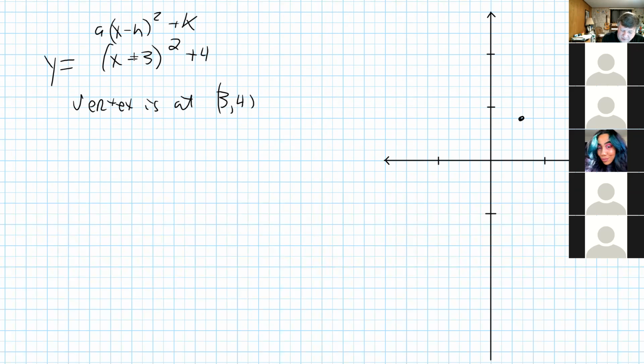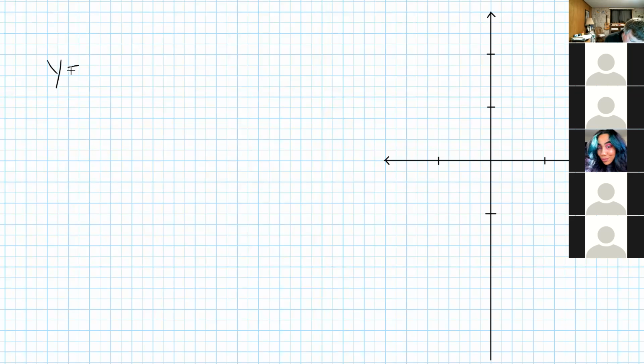So the 3 moves it 3 to the right, the 4 moves it 4 up. So from here, we're going 3 to the right and up 4. So our vertex is moving over to h, k. Are any of you getting this? Yeah. Sort of. Kind of.